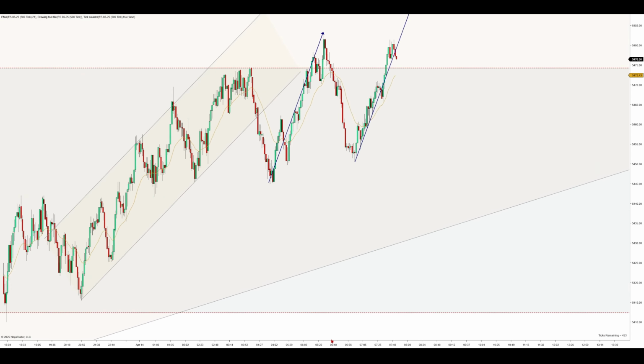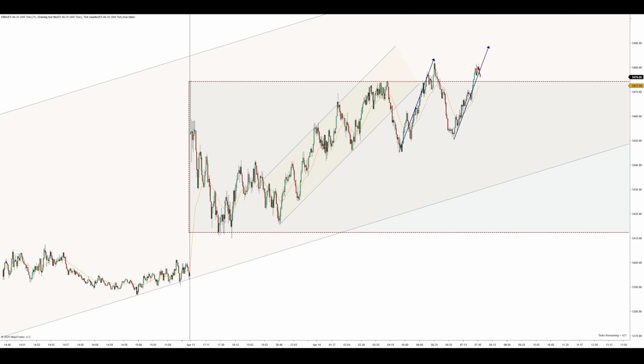Anyway, one thing I would have liked to see is price just push a little bit. It's a bit difficult in this situation. One thing that is common to see is price push above a previous swing and retest it, but by the time that you push above this swing, you're going to reach that measured move.